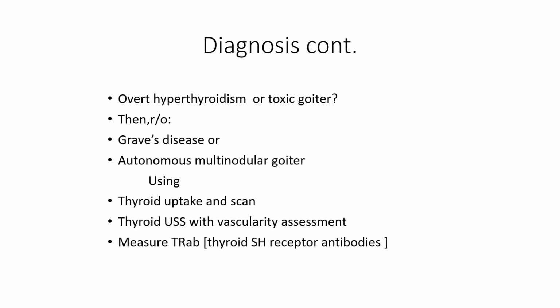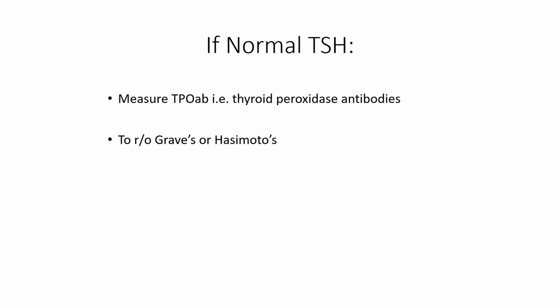You can measure your thyroid stimulating hormone receptor antibodies. But if your thyroid stimulating hormone receptor antibody is within normal range, then measure your thyroid peroxidase antibodies. And why that? We want to rule out Graves' disease or Hashimoto's thyroiditis.